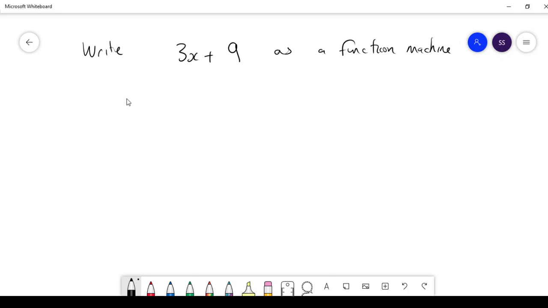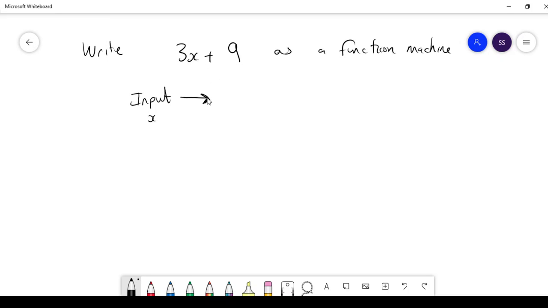Okay, so a function machine has an input. That's our x. And then, what's happening to our x? We need to be very careful about the order.